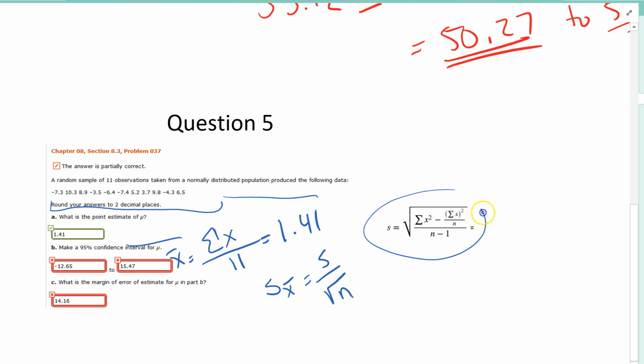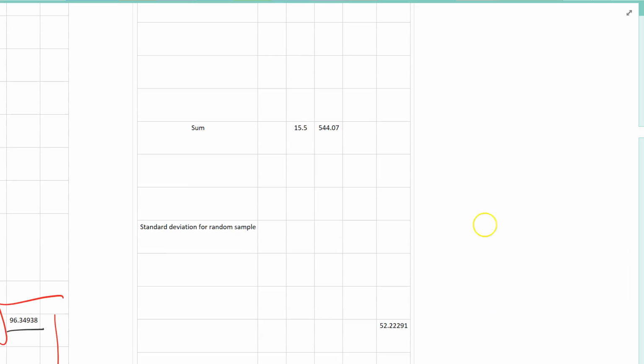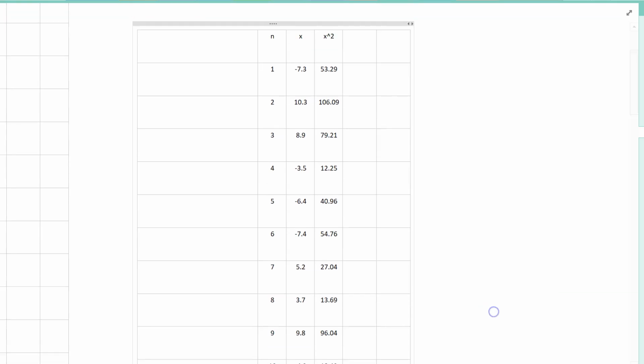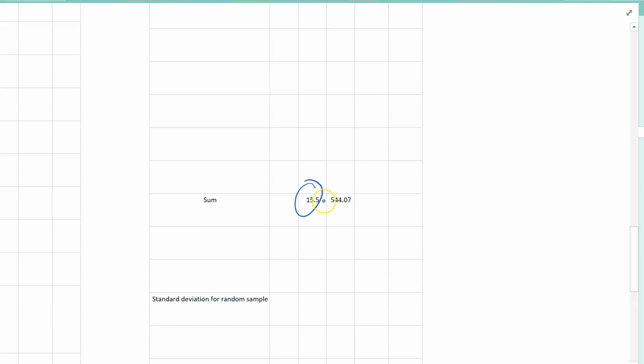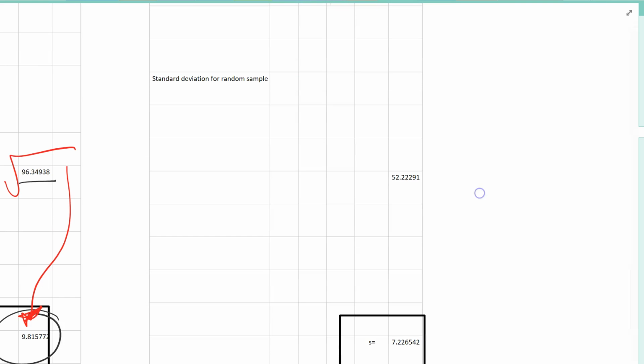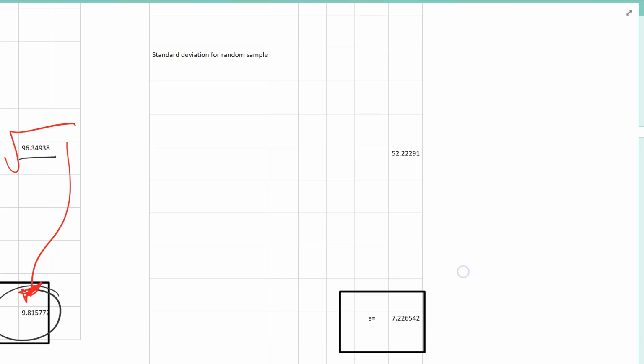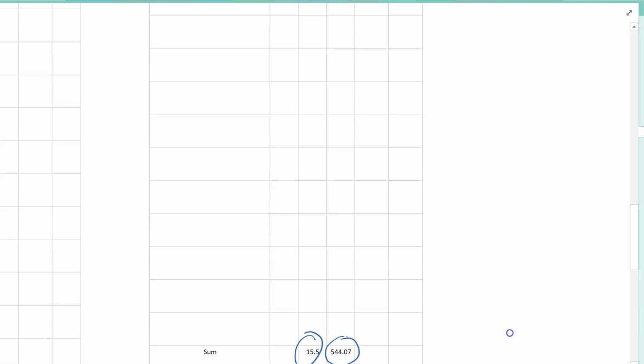With 11 data points here, I went ahead and let Excel do this work for me. I wrote down the 11 data points, and I summed them, and then I squared each one of them and summed them up, and then I did the math there, and the square root here was 7.2266542. Then I divided that by the square root of n. In this case, n was 11.